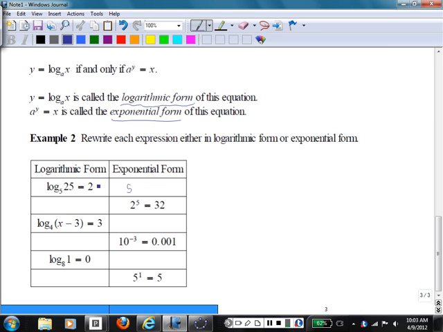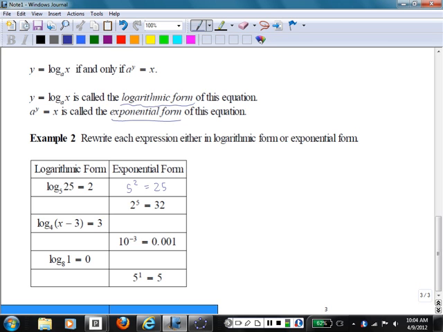And 2 is equal to the logarithm, so 2 should be thought of as an exponent. And then the other number, 25, is the argument of the logarithm. So what we're saying, when I say log base 5 of 25 equals 2, is that 5 to the second power equals 25. 2 is the power that 5 can be raised to get 25 as the answer.